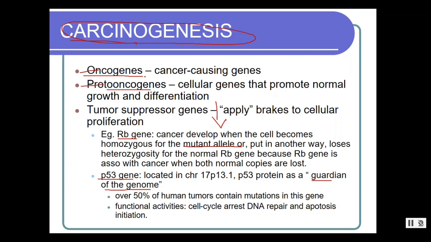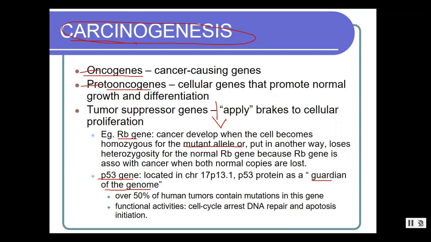Proto-oncogenes are cellular genes that promote normal growth and differentiation. So that is present in our body. But as long as that is present, it is okay, as long as you have a very strong tumor suppressor gene. Okay, because this gene decreases formation of tumor by applying brakes to cellular proliferation.